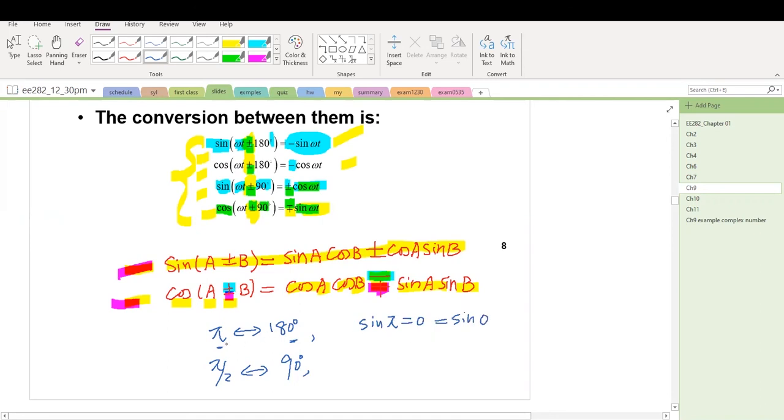I'm talking about radians now. And cos π equals minus 1, cos 0 equals 1, sin(π/2) equals 1, and cos(π/2) equals 0.